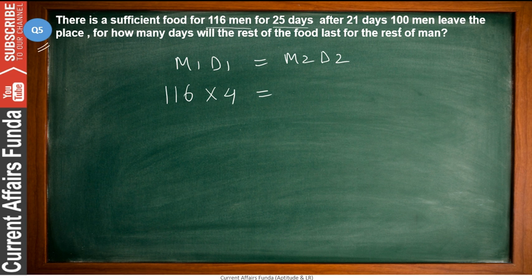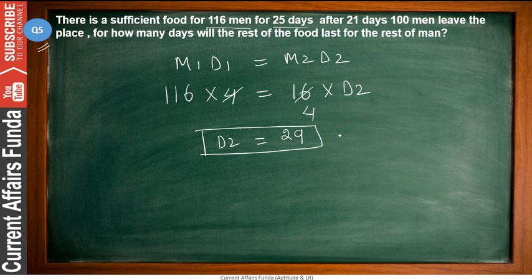Okay, and friends 10 more men leave the place, that means in the starting there were 116 men. If 100 men leave the place, then the remaining will be 16 only. Okay, so for how many days will they last? So calculate the d2 here. So 4 will be 4 times. Okay, so d2 will be 29. Okay, so the last food, that means the remaining food, will be available for 29 days.